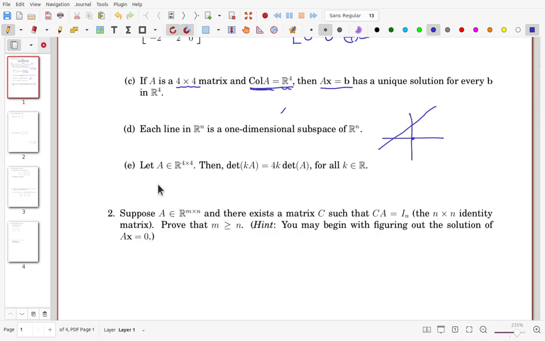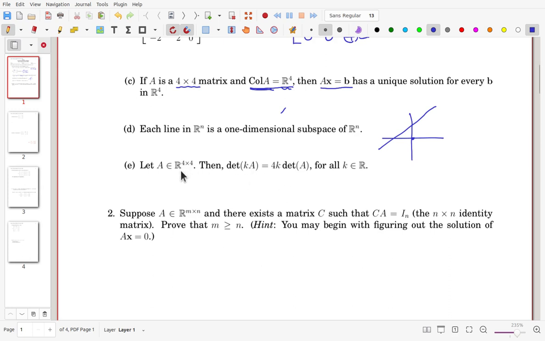A is a 4 by 4 matrix, then the determinant of kA is 4k times the determinant of A. It is also false. Now, if a row of a matrix is scaled by k, then the determinant must be scaled by k.